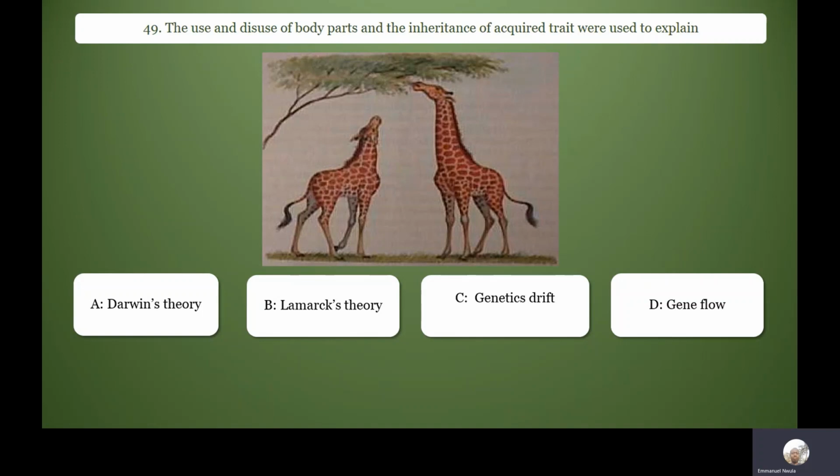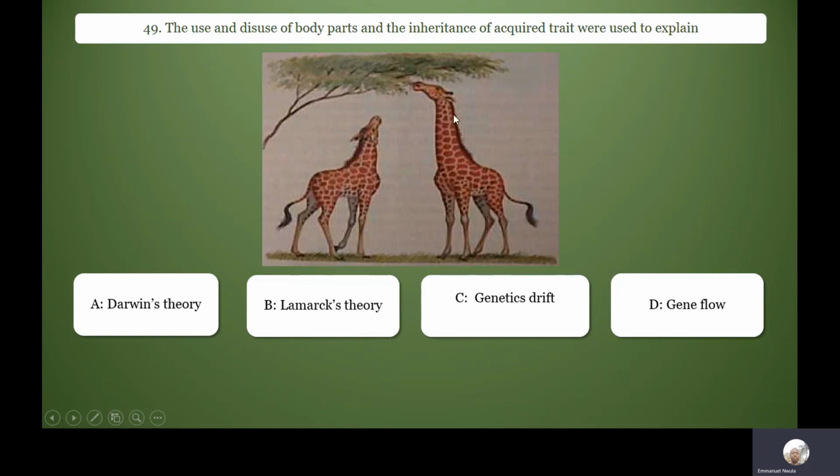It's saying that the more you use a part of the body, the more developed and efficient that part becomes. But if you don't use it, it becomes less developed, and after some time it can even become non-functional. So that's the theory of use and disuse of body parts by Lamarck.